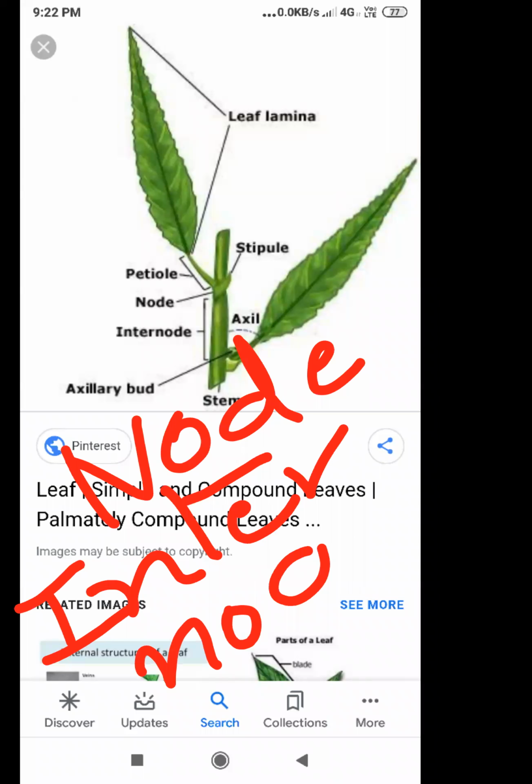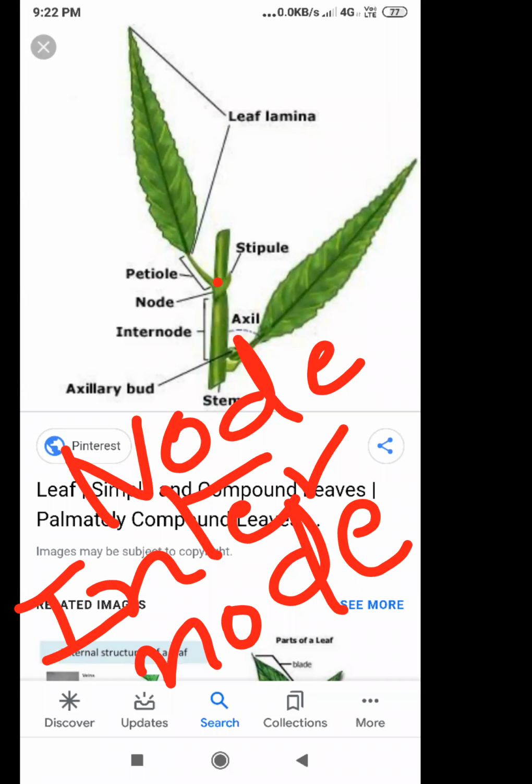So what is a node? The point where the leaf attaches to the stem is called a node. You can see it clearly in the picture. This is the point where the leaf attaches to the stem, and it is called a node.